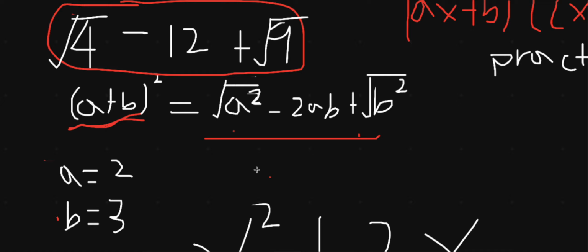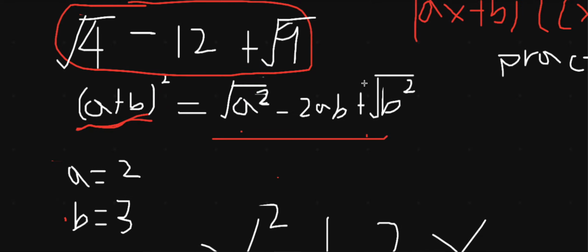But since they're powered by 2, it doesn't matter if it's plus or minus, right? Because they will give the positive value. Well, okay, square root is meant to get the same number out, so not particularly, but still. Let's just think of it that way.